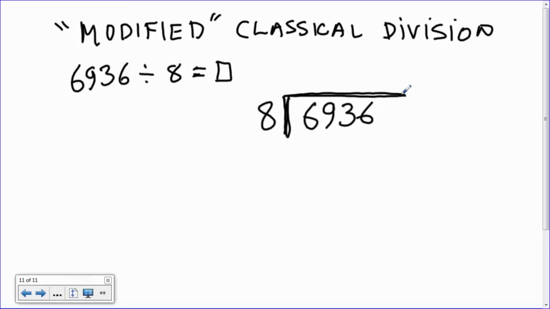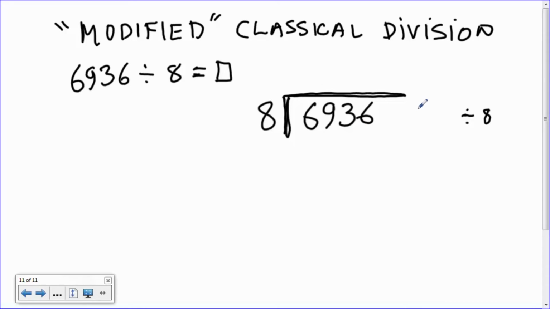They sneak up on the actual quotient from the underneath side, and I don't have to use any erasing to find the actual quotient. So in this particular problem, I'm going to take the dividend 6,936, and I'm going to look for a number that's smaller than 6,936 that I can divide easily by 8. So I want to find a number smaller than 6,936 that's divisible by 8.